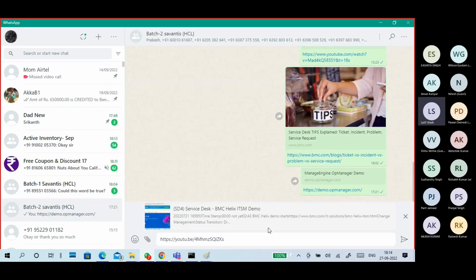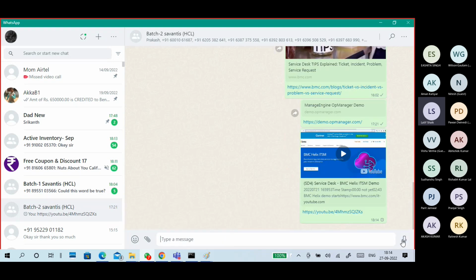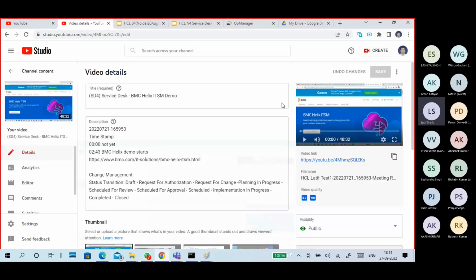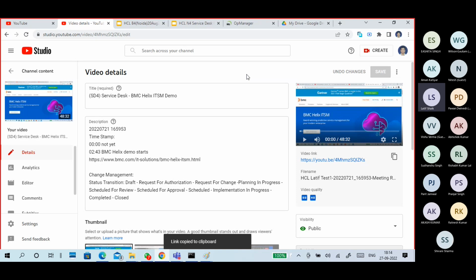In this one, you will know how to log into the demo version of the BMC Helix ITSM IT service management console. You will see existing tickets, you can create your own ticket, categorize tickets, impacts, priorities, everything you will see.